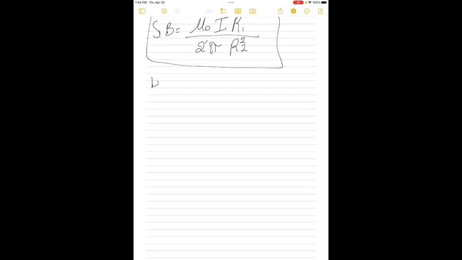In question B, we have to do a graph. Let's say this is the radius R and this is the field strength.